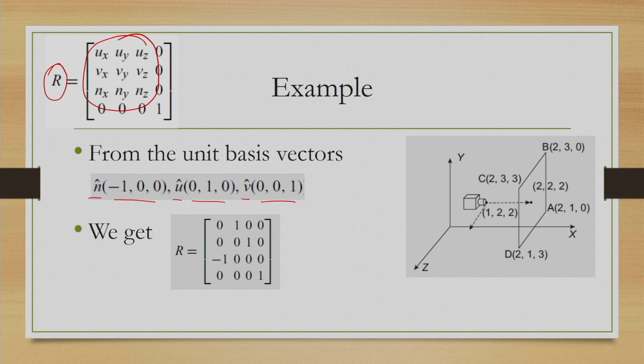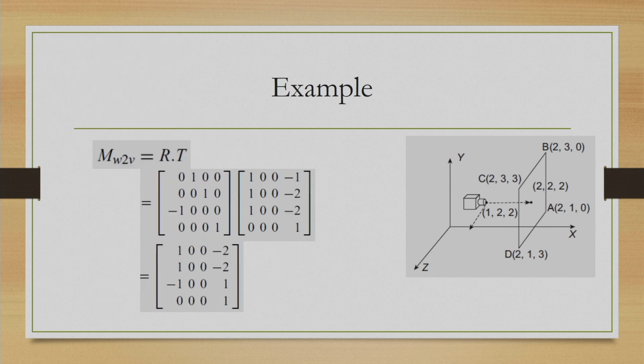Now, we replace these values. This is for u, this is for v and this is for n to get this rotation matrix R. So, then we multiply these two, R dot T, to get the transformation matrix M shown here.